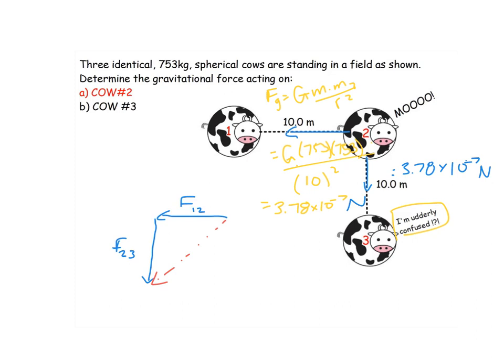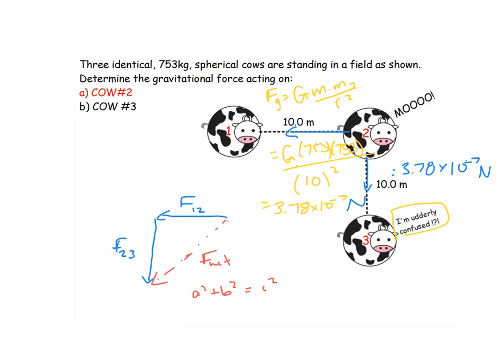So remember, we add vectors together tip to tail all the time. Now I know those values, and I want to find out what this is. This is the net force. I can take either one, but I am going to use Pythagoras' Theorem. A squared plus B squared is equal to C squared.